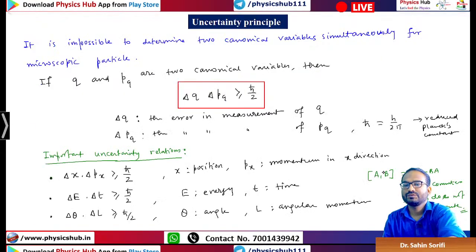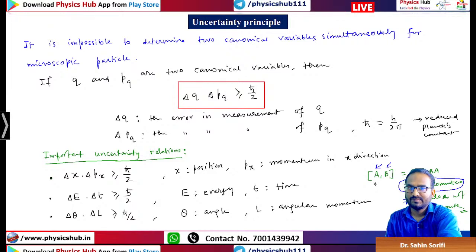Look, if two operators, let's say A and B, commute, then it means we can measure A and B precisely. If they do not commute, then A will have some error in measurement, B will also have some error in measurement. So the result of this lack of commutativity is the error in measurement.